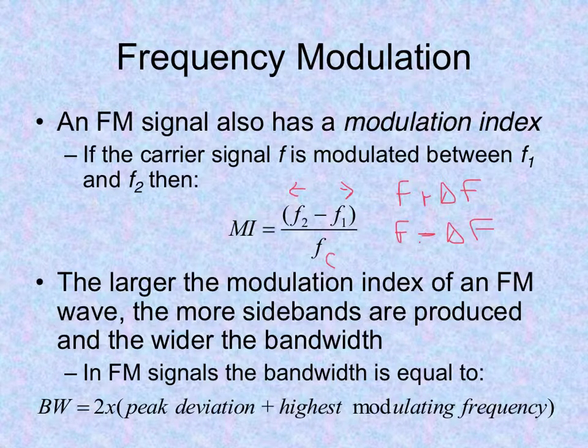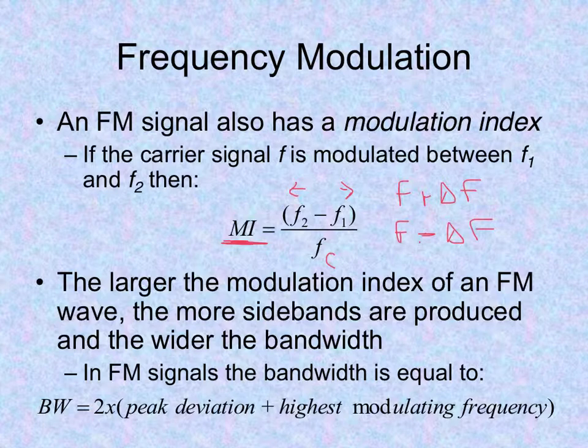And so the larger this number, the more sidebands get produced and the wider the bandwidth has to be. And so for any given signal, our bandwidth is going to equal twice the sum of the peak deviation plus the highest modulating frequency. And so that really gives us our bandwidth.